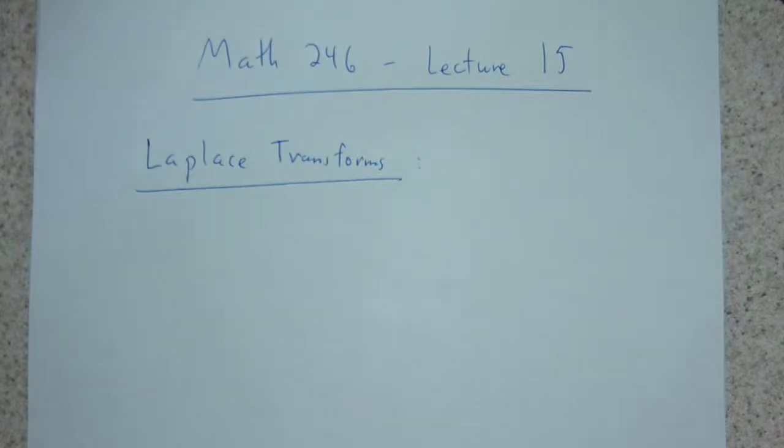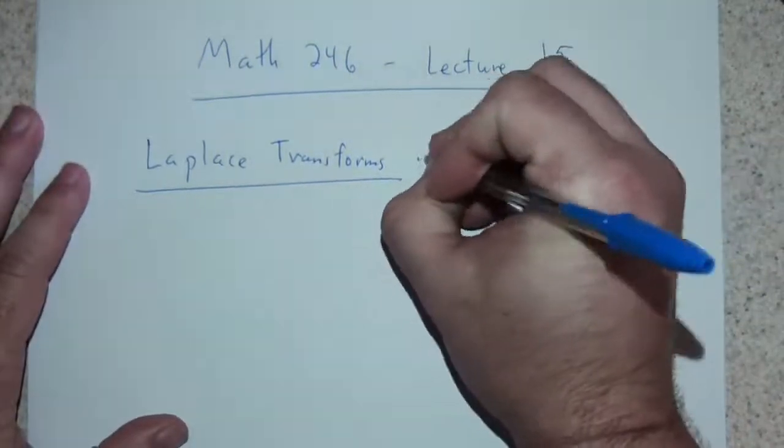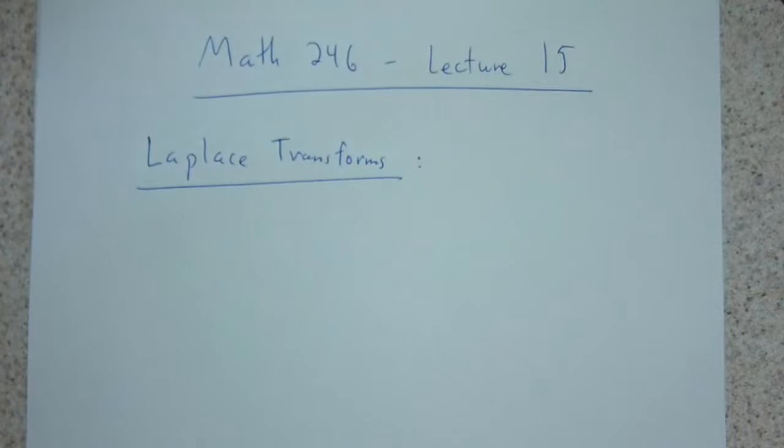But for Laplace transforms, this is going to be a fairly distinct topic in that nothing else is really going to be like this, and it is going to require some specific techniques that don't really apply to anything else. So this is definitely the odd man out for all of the topics in chapter 2, more or less.